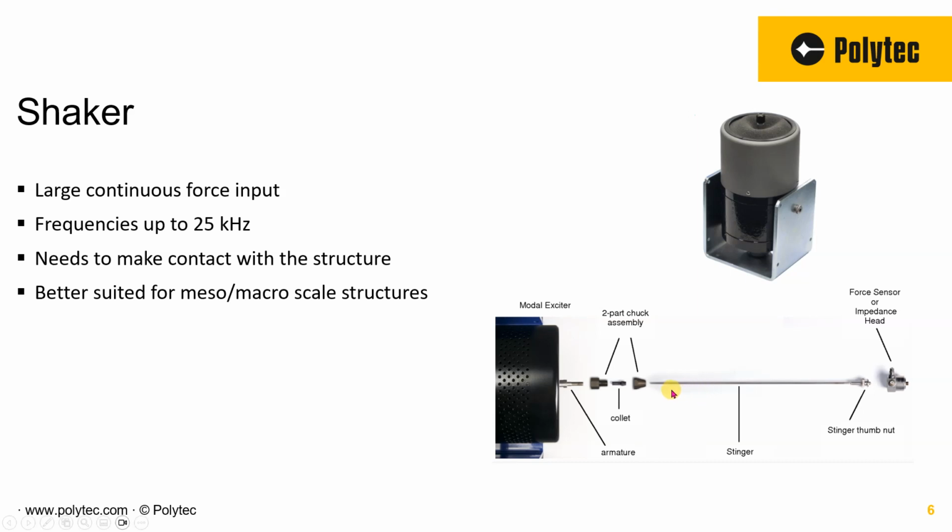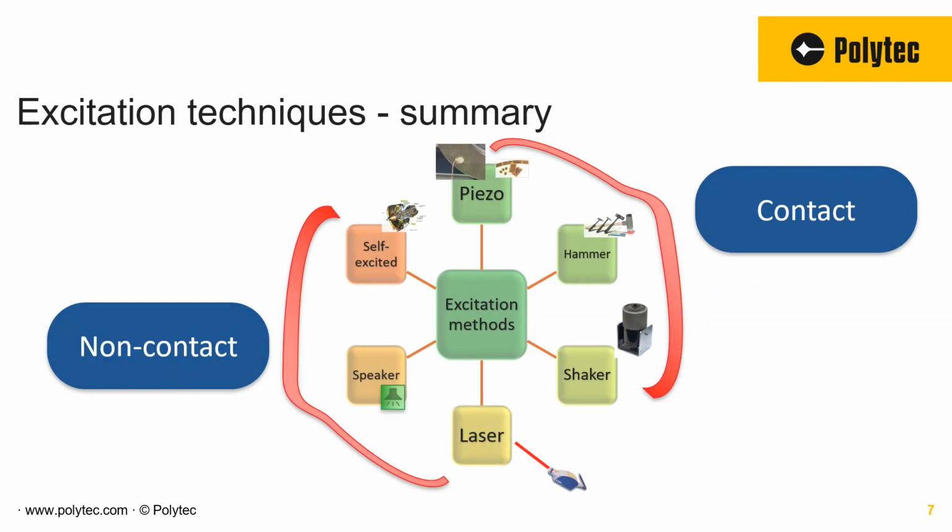The shaker is connected from the base to the structure using a stinger. The main function of the stinger is to ensure that the excitation is unidirectional in the direction of interest. Usually both the modal hammer and the shaker also use either a force sensor or an accelerometer to measure the input energy, or an impedance head that has both an accelerometer and a load cell. So that's a quick one on the shaker.